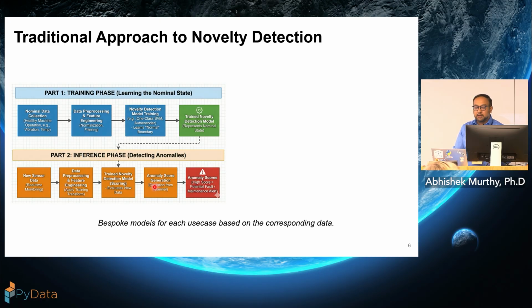Usually the interpretation is, if the score is low, then the data point that you just showed me is similar to what I had seen and therefore is nominal. Or if the anomaly score is very high, it often means that this is a new data point that I have not seen before and therefore could be indicative of an anomaly, right? The important point to note is conventionally this has been done in a bespoke fashion. In the sense that for every use case, for every kind of asset, you train these models.